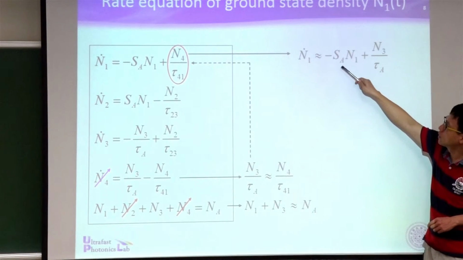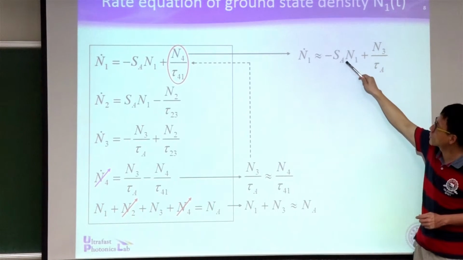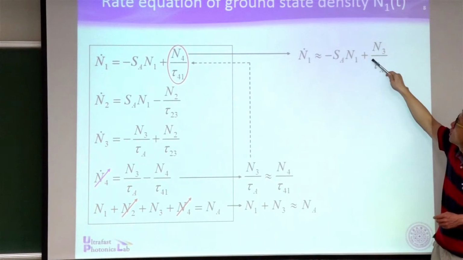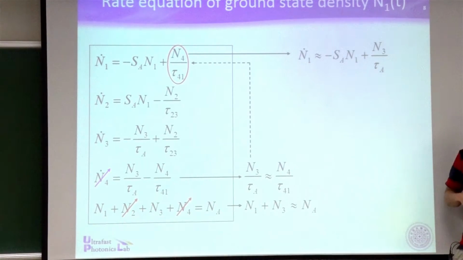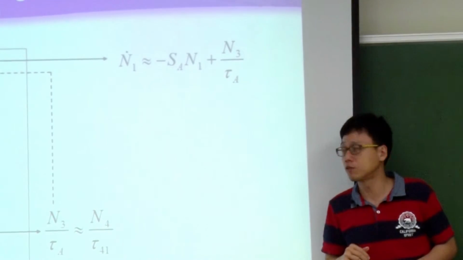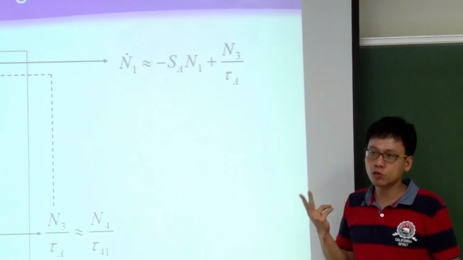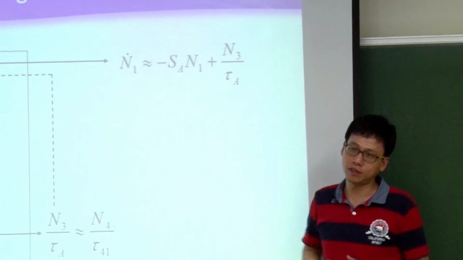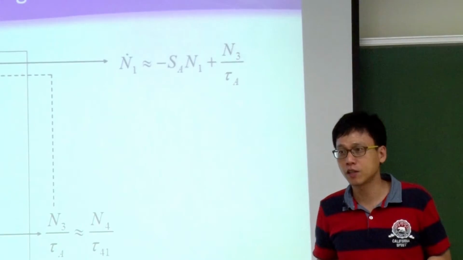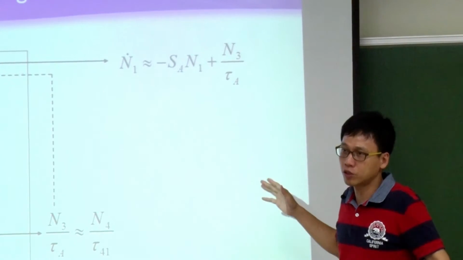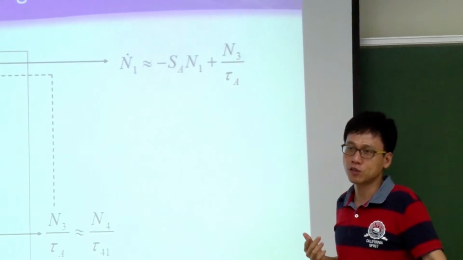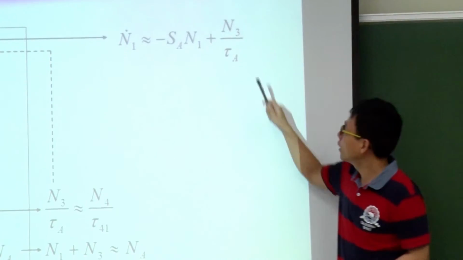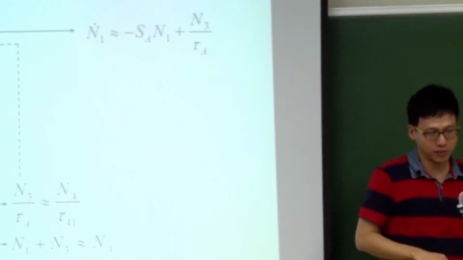N1 dot is close to minus SA times N1 plus N3 over tau A. But this is not good enough because you still have two unknown functions, N1 and N3. Hopefully, we can simplify the equation to a single unknown function.